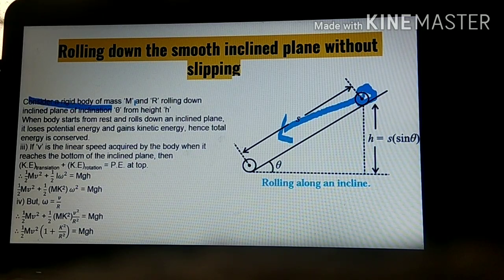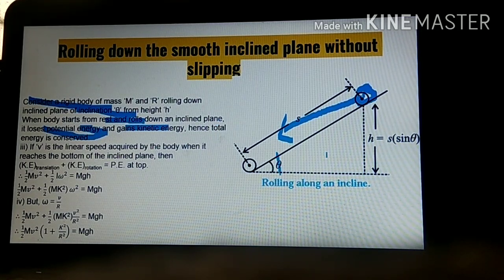So consider a rigid body of mass m and radius r rolling down an inclined plane of angle theta and height h. The body starts from rest and rolls down the inclined plane. What will happen? It will lose its potential energy and gain kinetic energy. So total energy is conserved.